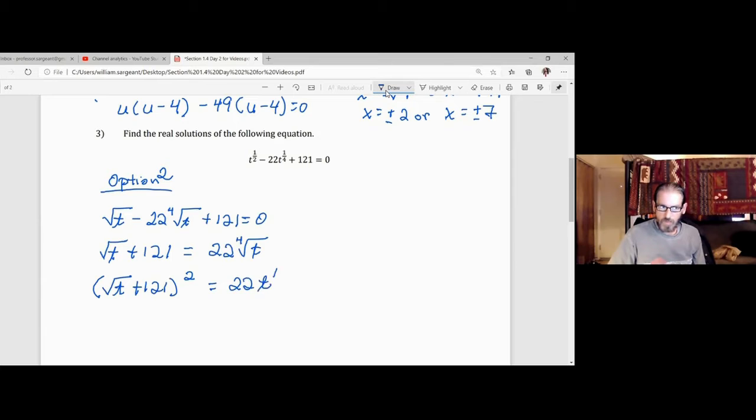I'm going to go back to writing that as t to the 1/4 to remind you of something that came up in option 1. On the left, we're going to square the square root of t so that we just get t. We'll square the 121, which we already saw was 14,641. And then in the middle, take the product of square root of t and 121 and double it.